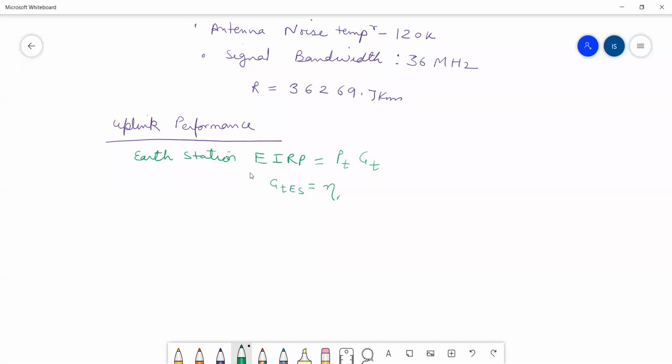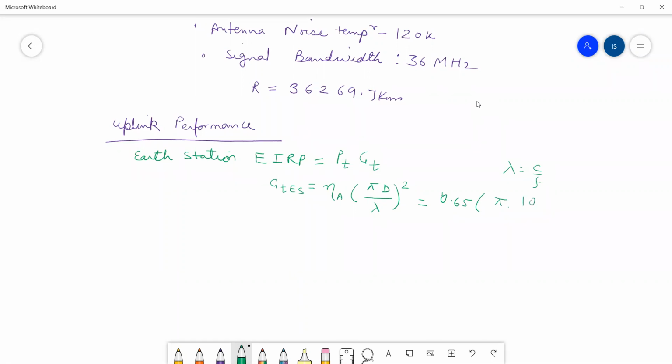So we know the formula: efficiency of antenna, pi d by lambda square. Okay. And we know lambda is equal to C by F. So we will substitute the value of lambda here. It is 0.65, the efficiency is given. Okay. Then pi into d square. So what was the diameter? The diameter is 10 meter. Okay.